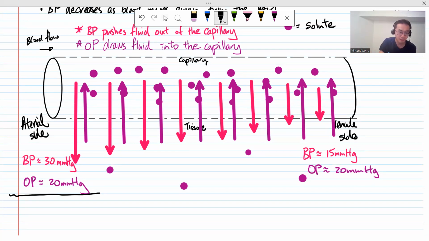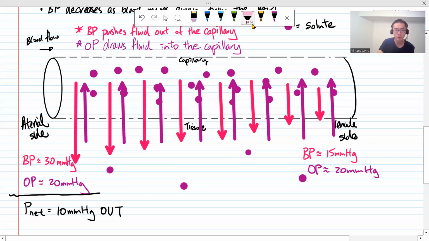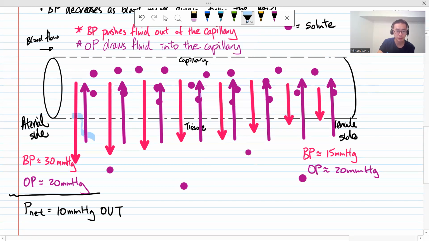And if you do the math, this is a net pressure of 10 mmHg out. So overall, you will be losing a little bit of fluid. So over here we have fluid loss.